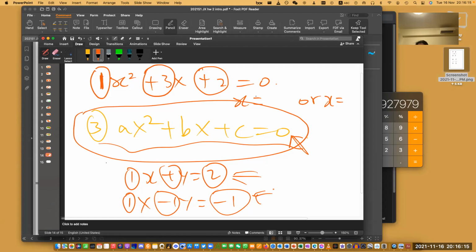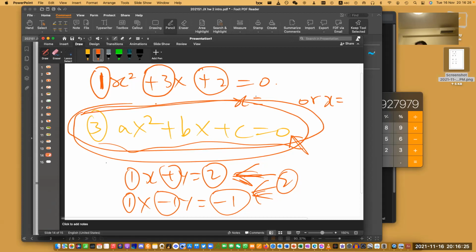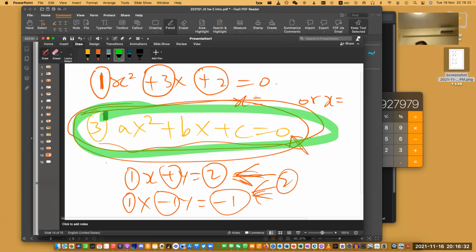Yes. So I think you key in 2, right? You key in 2 to go to this setting, right? So instead of 2, I think you see a third option, which looks like this. Can you see the third option or the fourth, which looks like this? Ax squared plus bx plus c equals to 0.